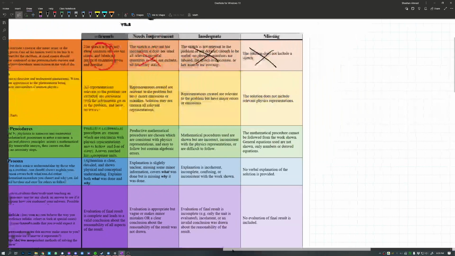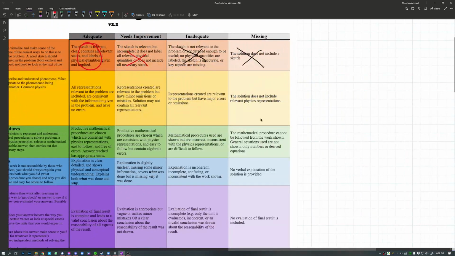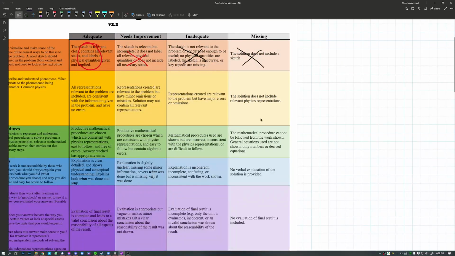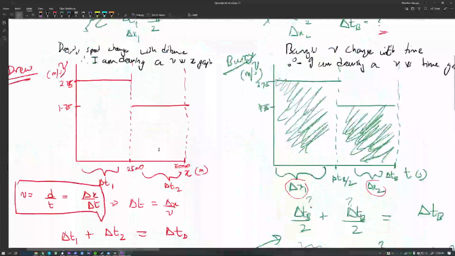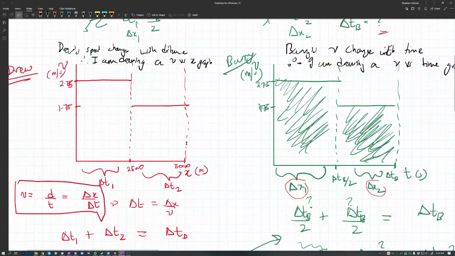Physics representations. Let's see. The solution does not include relevant physics representations. Oh, I think we included 2 of them, and they were relevant. They had the information from the problem. Representations created are relevant to the problem, but they have major errors or omissions. I don't know. My math matched up with this, so I don't think my graphs had errors in them.